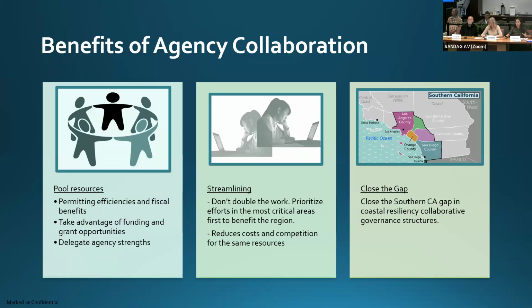And you guys serve as great examples for Orange County, who does not have this regional collaborative at this time. LA County has LA County Beaches and Harbors. And so our goal is to really fill that gap and fill that need with a number of agencies to pool resources to address projects in a group way.